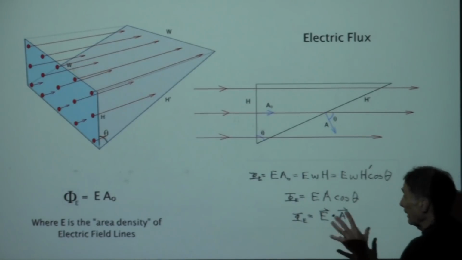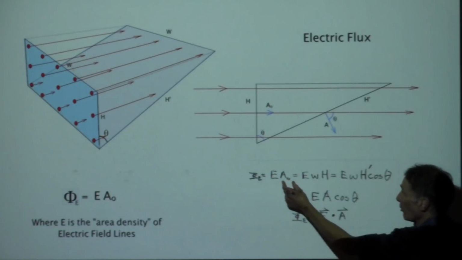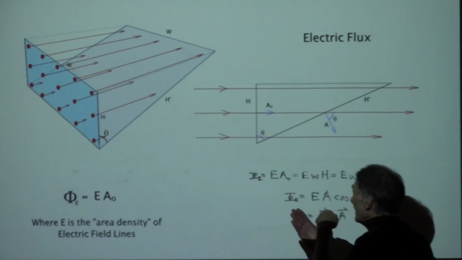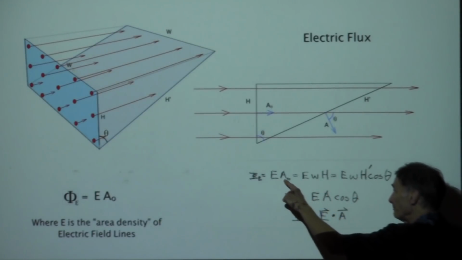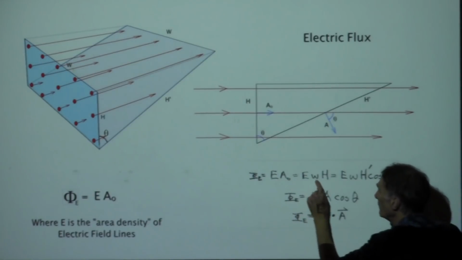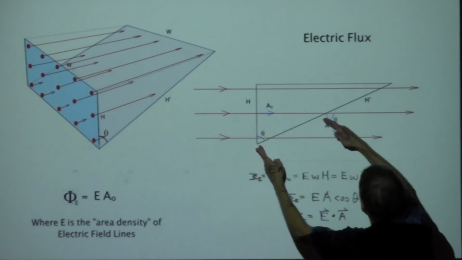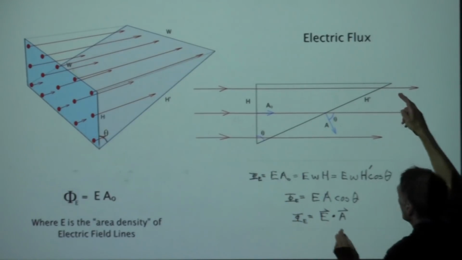But you'll notice that the flux should be the same. The flux should be E times that original area, call it A naught, that area where it's hitting at 90 degrees. Life is simple. Then that area is W times H. If I tip this thing back, it gets longer this way to catch these same charges, call that H prime.